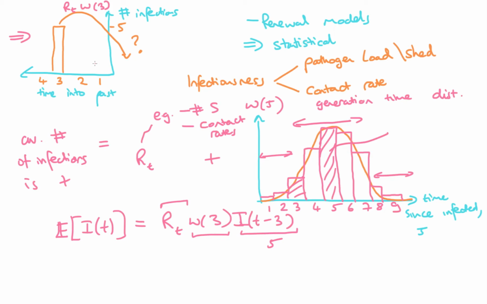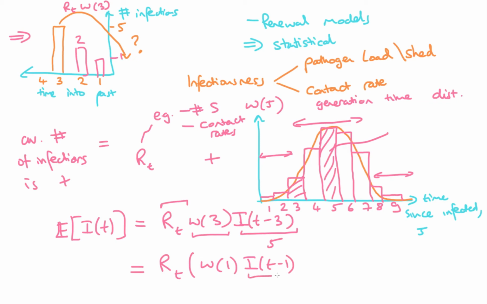And we can think about what would happen if I had a more general history of infections. For example, if I had 1 infection, let's say 1 day ago, and 2 infections 2 days ago, and so on. Well, all I would need to do then to extend my model is write R_t times omega 1 times I_{t-1}.